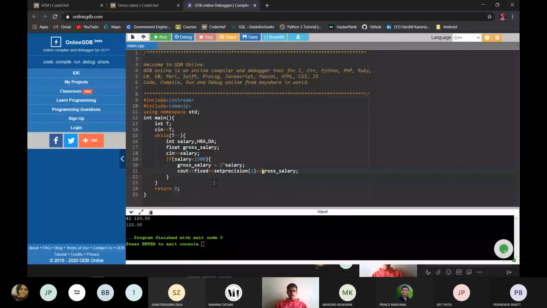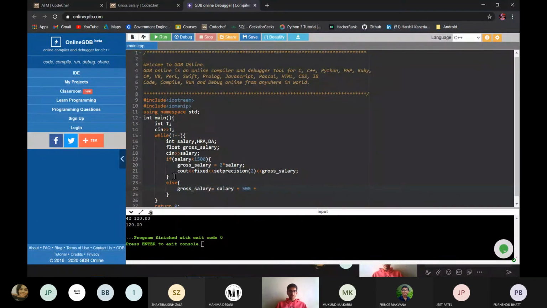Now let us put the else condition. In the else condition, our gross salary should be salary plus 500 for HRA, and 0.98 into salary for DA.